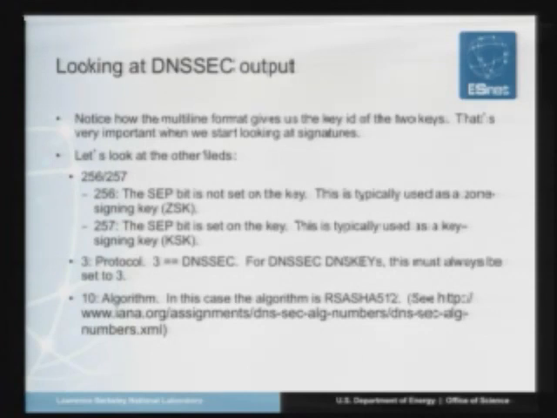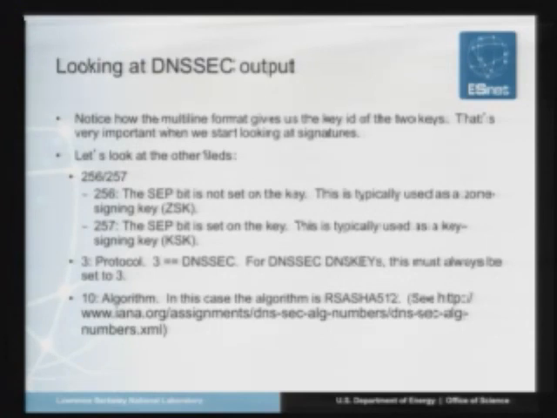We commonly, in the operations community, refer to that as either being a ZSK, a zone signing key, or a KSK, a key signing key. A ZSK is used to sign all the records in the zone. The KSK, or key signing key, signs the two DNS keys, or the minimum two DNS keys. It'll sign all the DNS keys if there are more than two. So it'll sign the KSK, it'll sign itself, and it will also sign the ZSK.